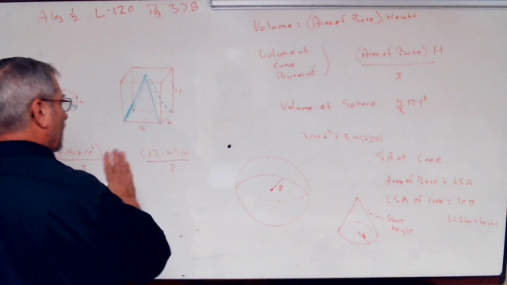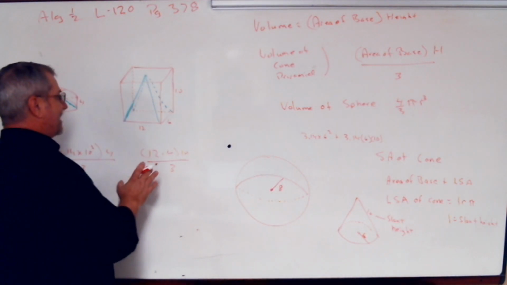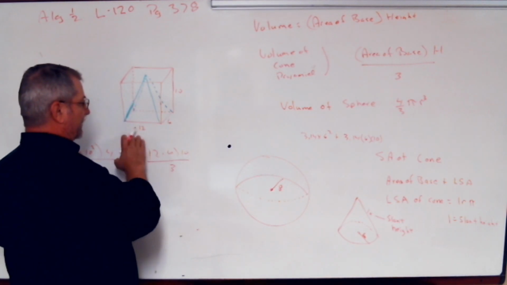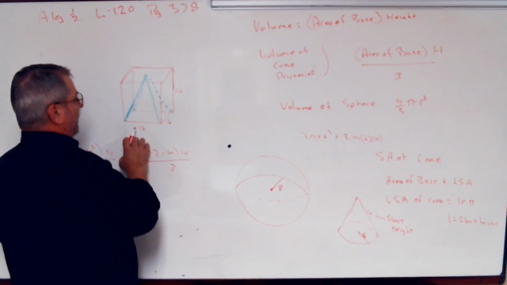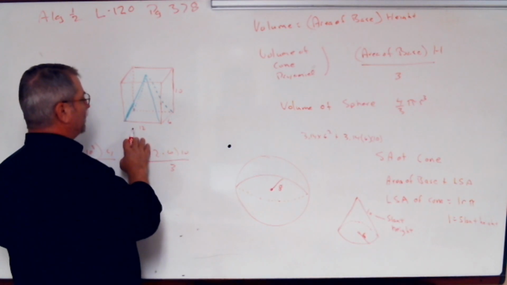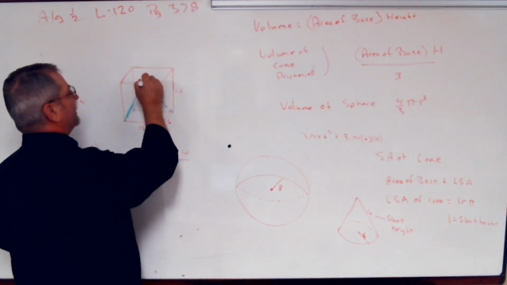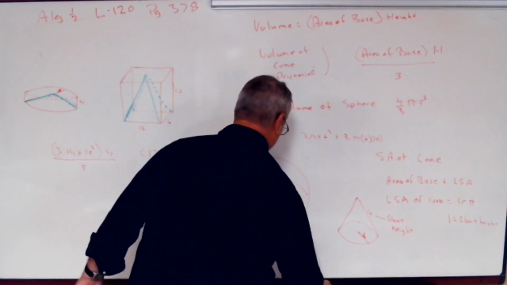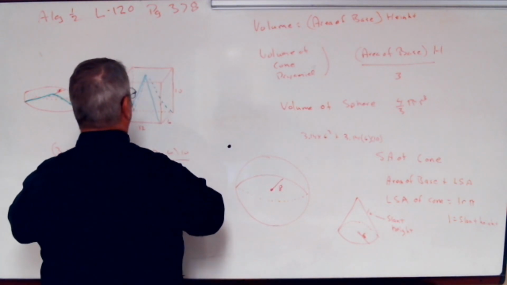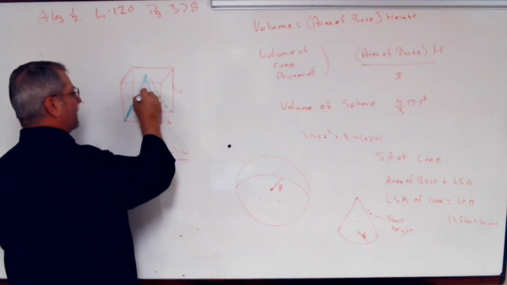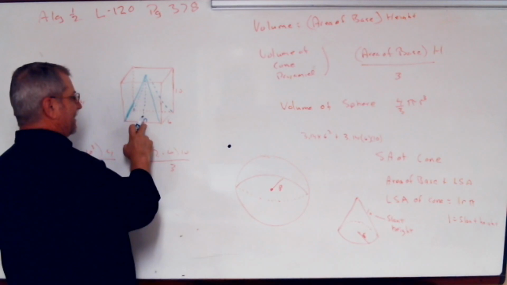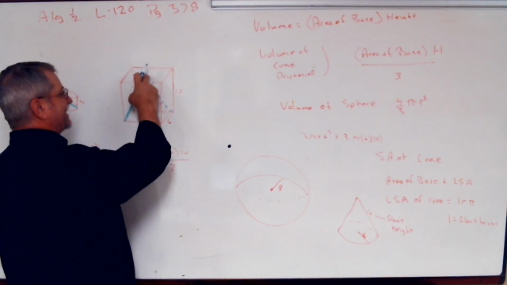For any kind of pyramid, the easiest way to do it is to find the areas of all the different sides, okay? What they will give you on this one here is this piece right here. That goes from the outside edge to the center.